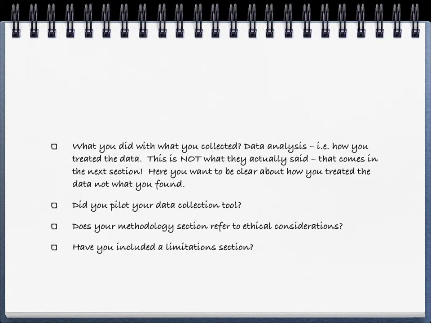So again, the limitations section here is really around the methodology. And again, with limitations of time and resources, certain things do go wrong, and it's quite okay for you to admit to what went wrong and to acknowledge that ideally you might have had a larger sample and how you might go about getting a larger sample if you were to do it again.